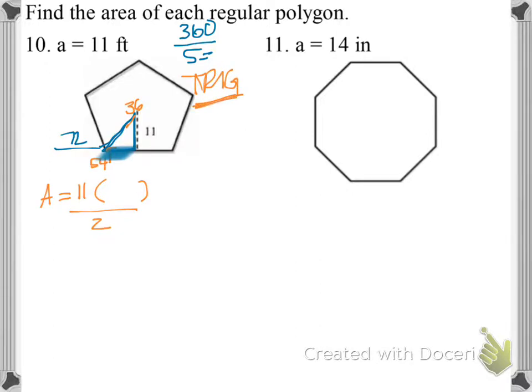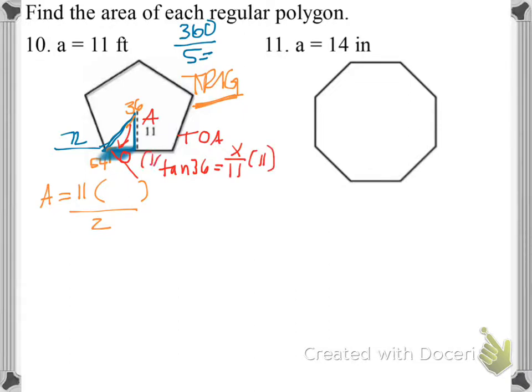So I'm going to use that angle. So opposite is what we're trying to find, and adjacent is what we have. So if we have opposite and adjacent, that would be tangent. So I'm going to say tan of 36 equals opposite, which is x, over adjacent, which is 11.